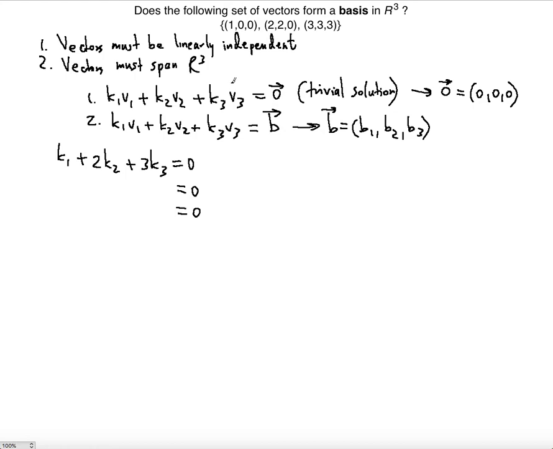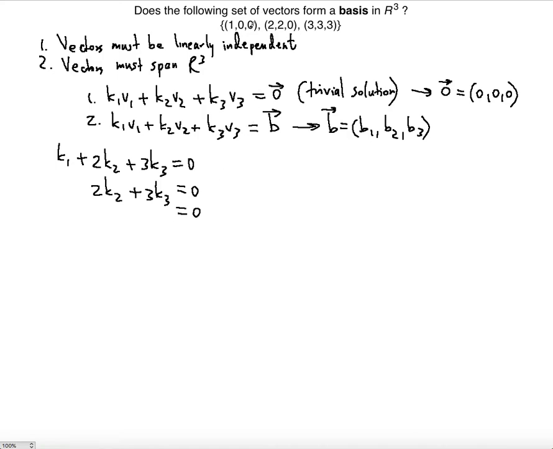Next, for the second equation, we deal with the second component in each vector multiplying their respective scalars. So 0 times k1 is 0, so we don't have to write that down. Then k2 times the second component gives you 2k2, plus the second component in the last vector is 3, multiplied by k3, so 3k3 is equal to 0.